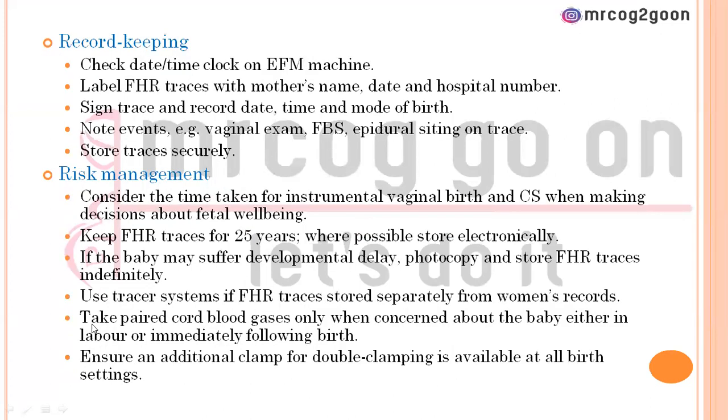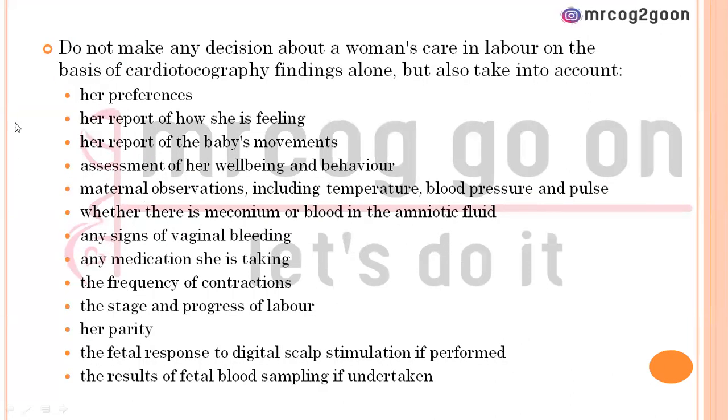Okay, sorry. Take paired cord blood gases only when concerned about the baby, either in labor or immediately following birth. Ensure the additional clamp for double clamping is available at all births. Do not make any decision about the woman's care in labor on the basis of CTG alone.